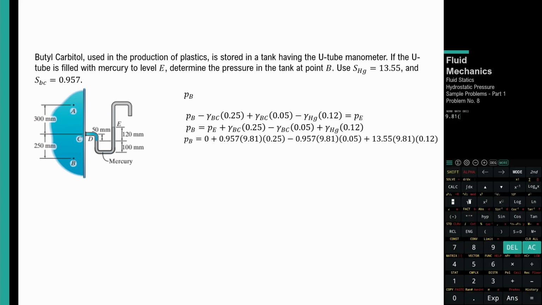So 9.81, nilabas ko na lang, 0.957 times 0.25 minus 0.957 times 0.05 plus yung 13.55 times 0.12. So therefore, pressure sa B is equal to 17.8286 kilopascals.